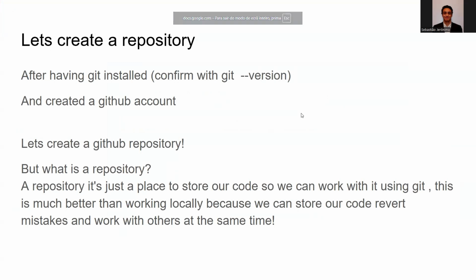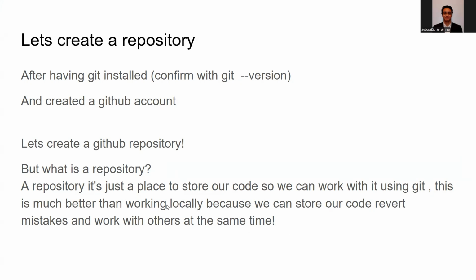So first of all, where are we going to store the code? First of all, we have to have Git installed. We already checked with git version. We already have a GitHub account, so let's create a repository. But what is a repository? Well, a repository is just a place to store your code so we can collaborate with other people using it.